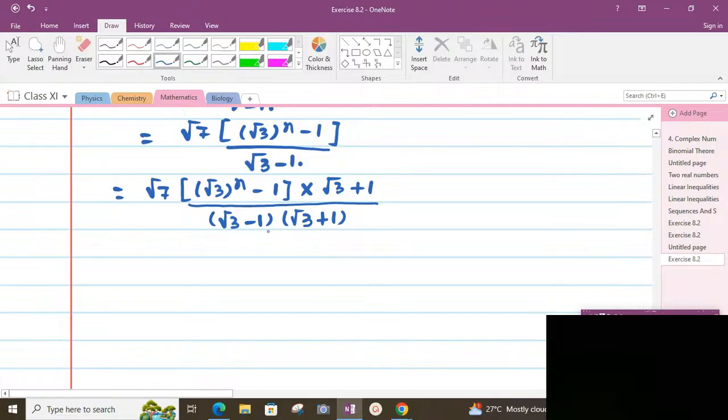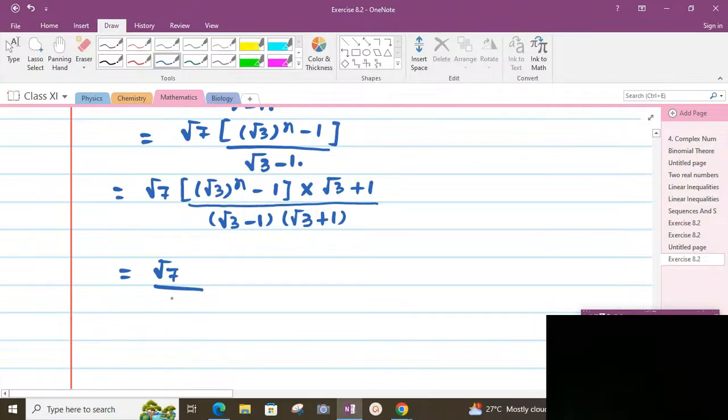So this is in the form of a minus b into a plus b. So the next step here will be √7 by, here will be a square of √3 equal to 3 and a square of 1 equal to 1.